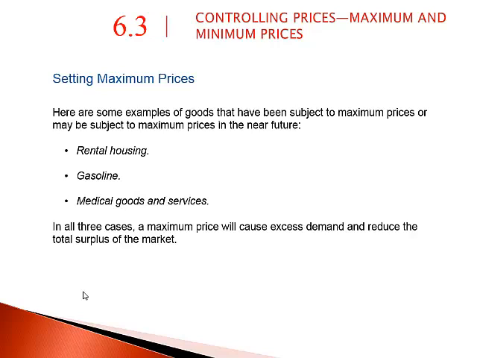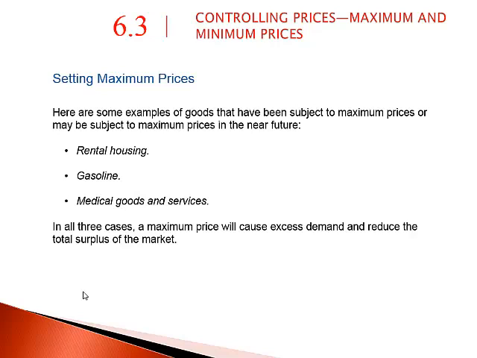Gasoline. This is more in the case of a natural disaster, such as Katrina, in which gasoline just spikes and it's price gouging. So the government will initiate what's known as a price gouging rule, and therefore a ceiling on gasoline.